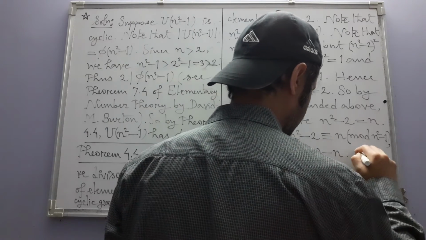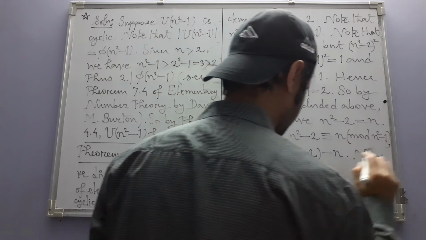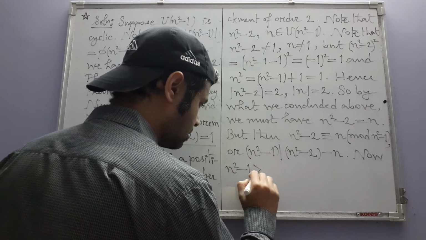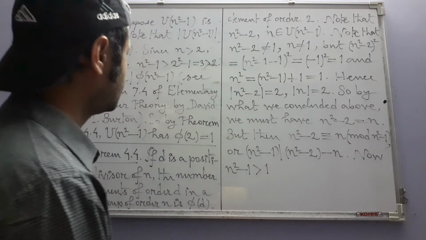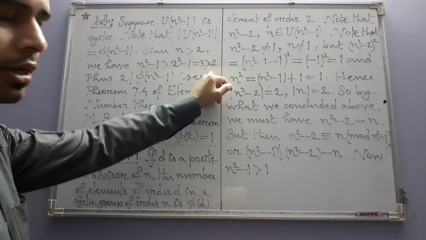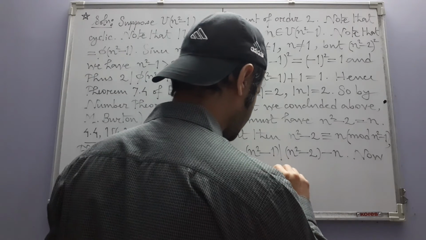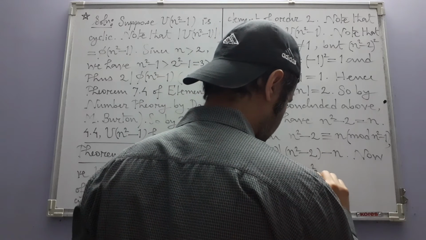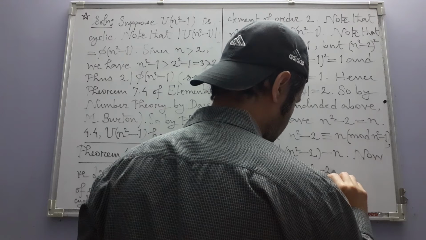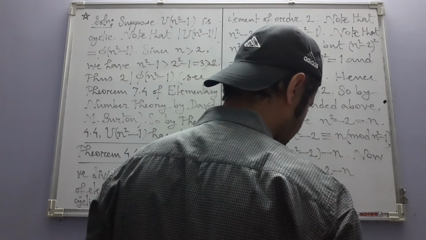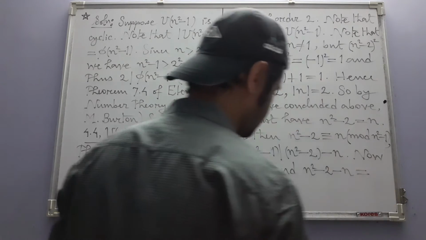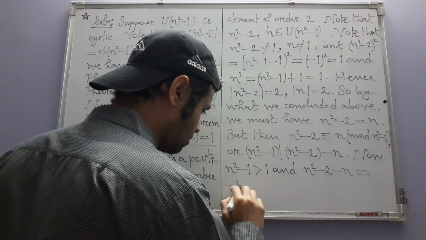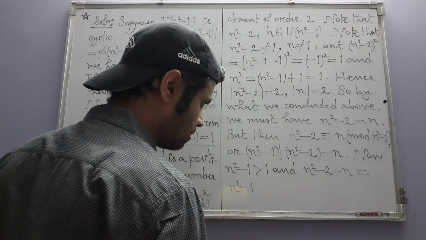Now n square minus 1 is definitely greater than 1. It's in fact greater than 2 actually. And n square minus 2 minus n can be written as n square minus 1.